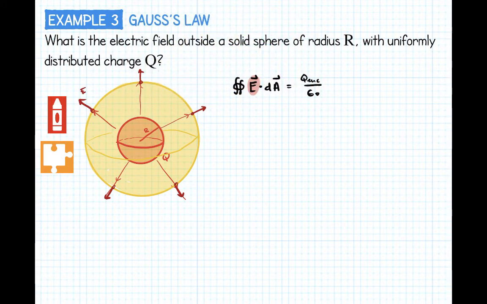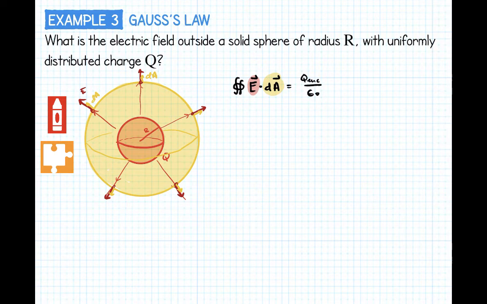We know we have area vectors that are parallel to the electric field vectors, and they look like this, okay? Because of that, the area we're worried about here is the area for the Gaussian surface.